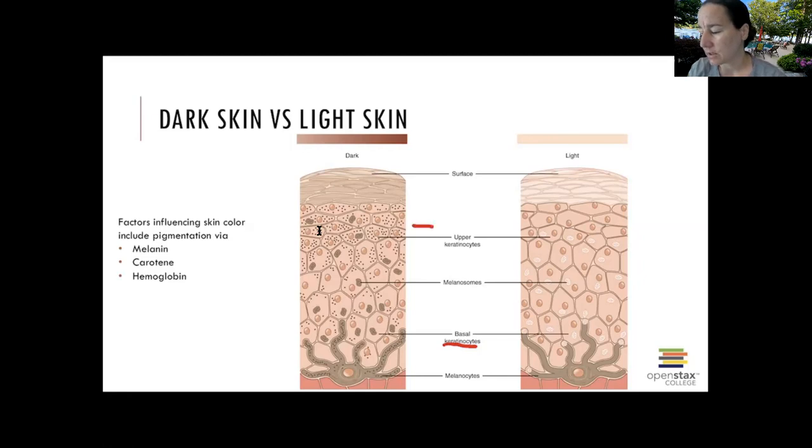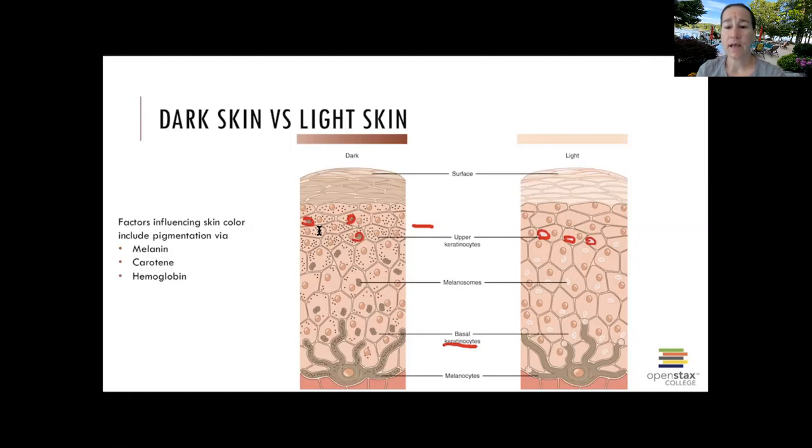If you're a darker skinned individual, you can see we've got lots of packets up here in this granular layer, where we're not going to see that on our lighter skinned individual. They have them, but they do not have as much melanin inside of them. And typically there's less of them because they don't even make it up to the granulosum layer. They can get taken out in the spinosum layer below that.